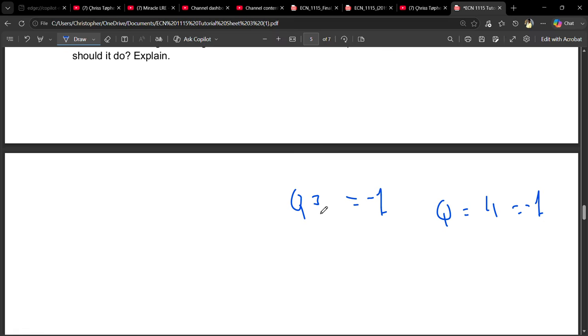So the maximum profit is negative 1, and the firm should continue to produce between quantity 3 and quantity 4. That is the answer, and that is what the firm should do.